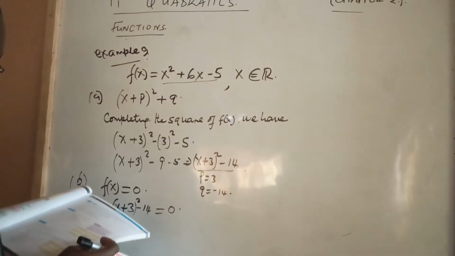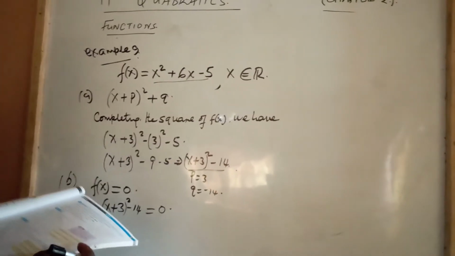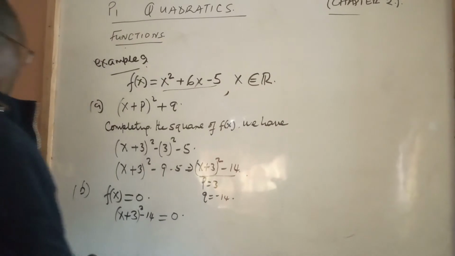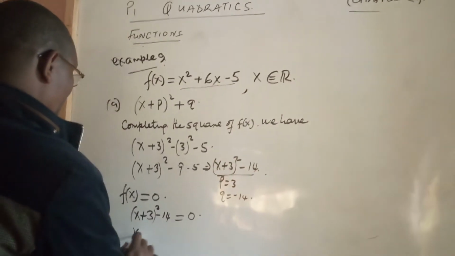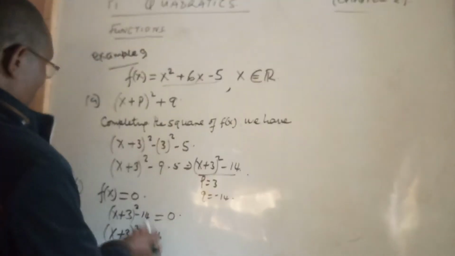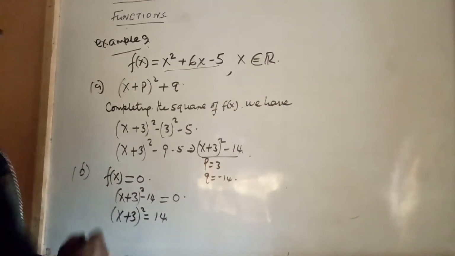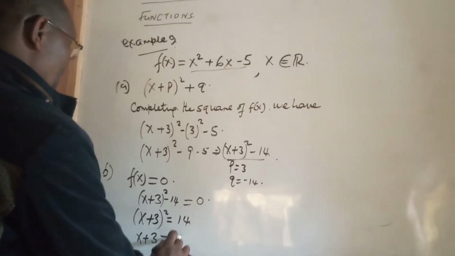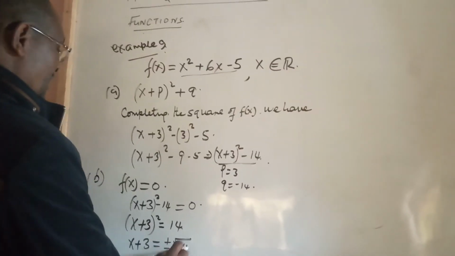And at that point, we need to realize that if we cross over the negative 14, we are going to have (x plus 3) squared is equal to 14. So if we square root both sides, we are going to have x plus 3 is equal to plus or minus the root of 14.